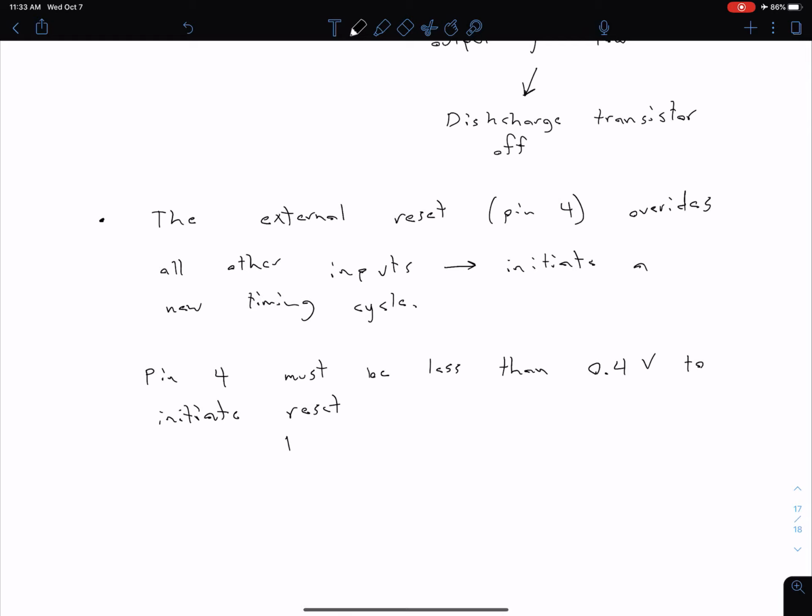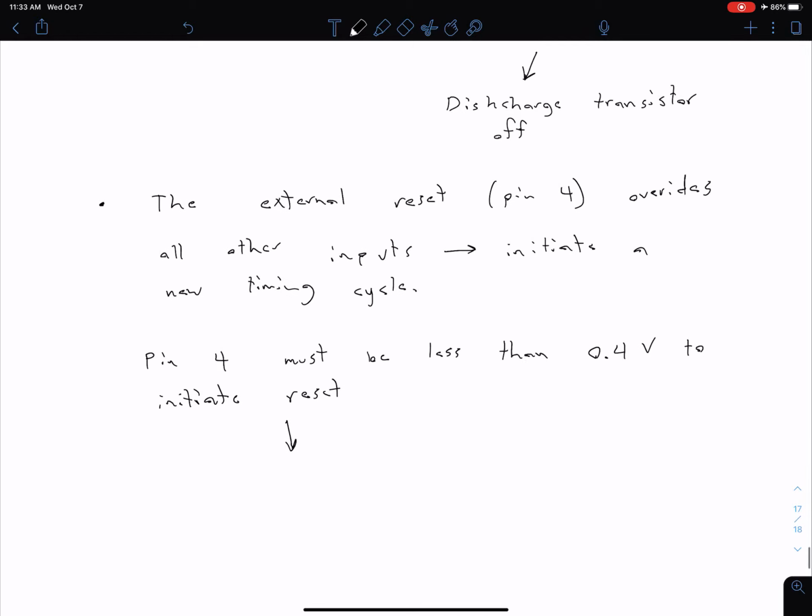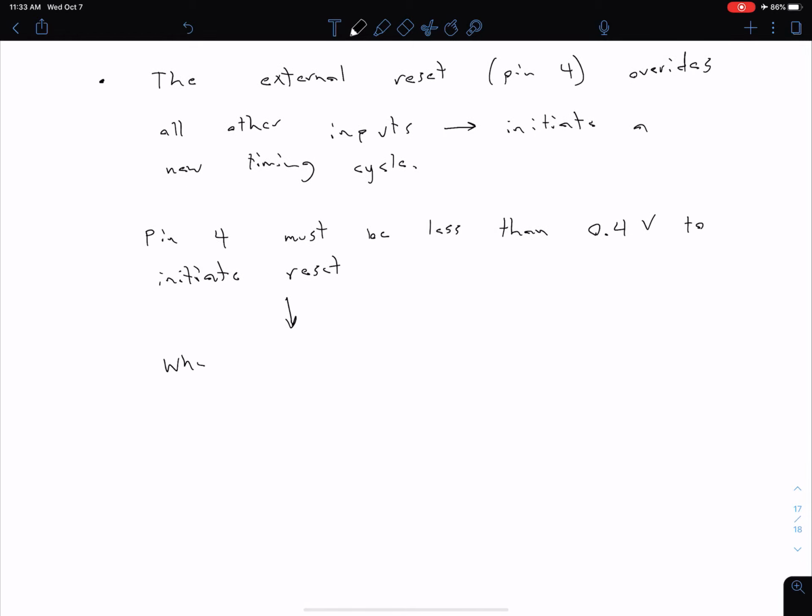What that means for us when we're actually wiring these circuits is that if we're not using reset, we want to connect pin 4 to V+. By doing that, we can avoid accidental resets.